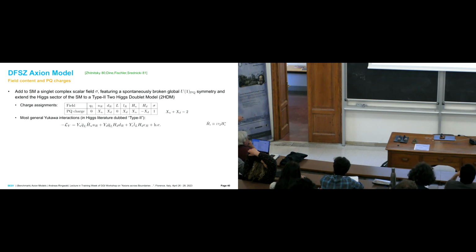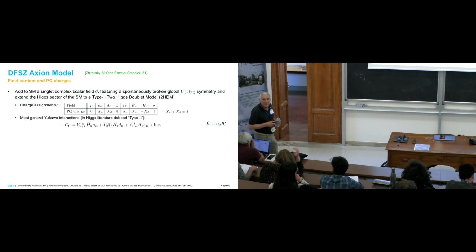And type 2 means that the leptons also get their mass by the H_D. The type 4 would be that the leptons get their mass by the H_U.